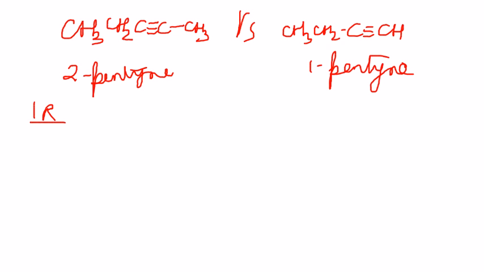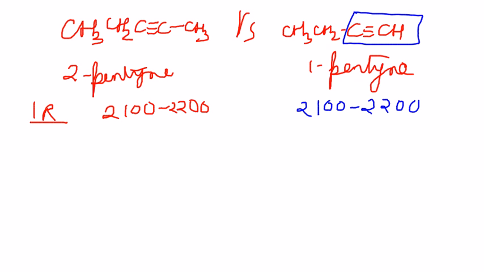If you consider IR, the C triple bond C will show up a peak at 2100 to 2200, and that will appear in both of them. So that's not the characteristic peak. Notice this is a terminal alkyne though, so you will see a peak at 3300, and that peak is simply missing in case of the 2-pentyne.